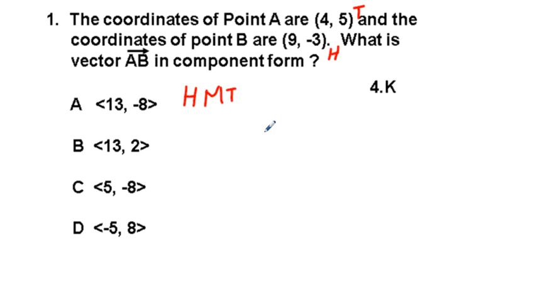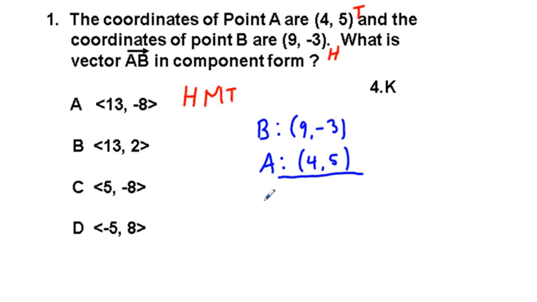So therefore, for head minus tail, we're going to take B minus A, and point B is 9, -3, and point A is 4, 5. And so we'll just subtract.